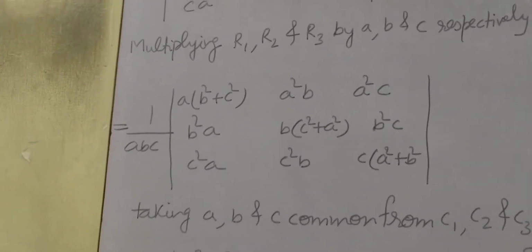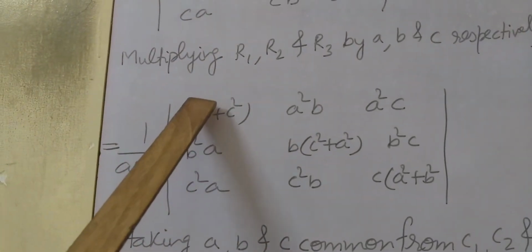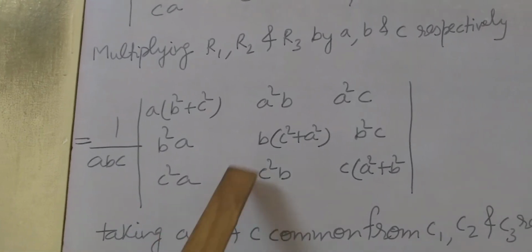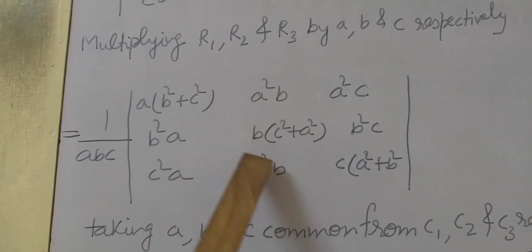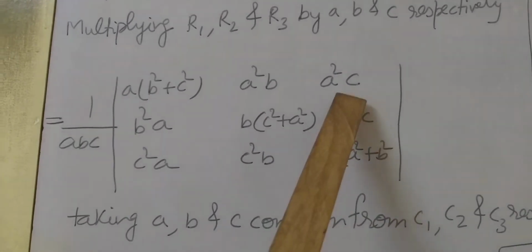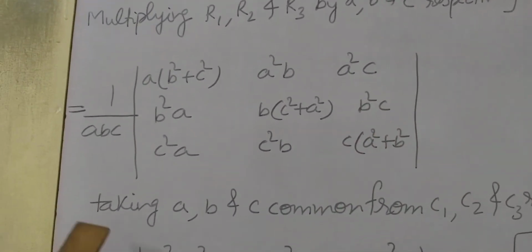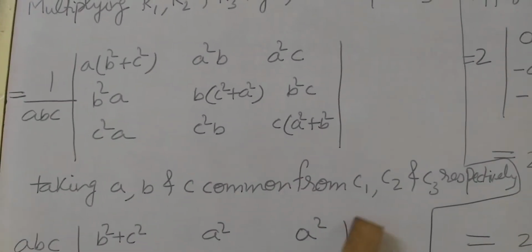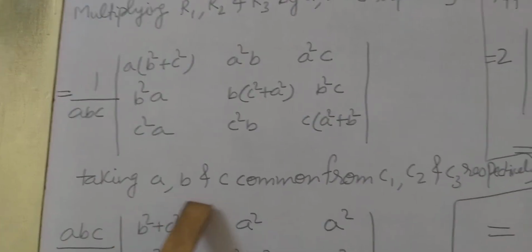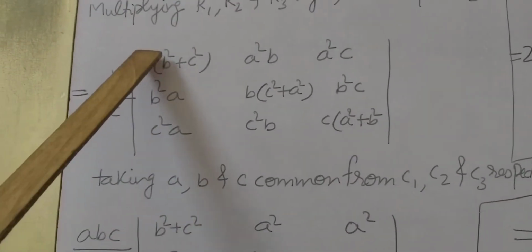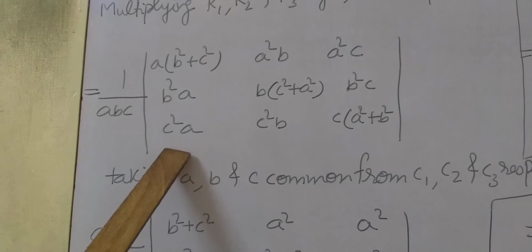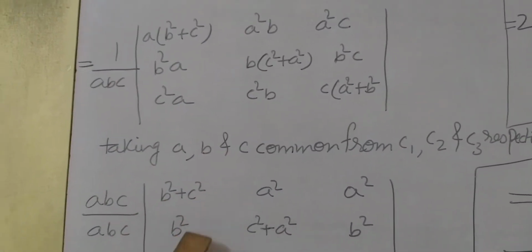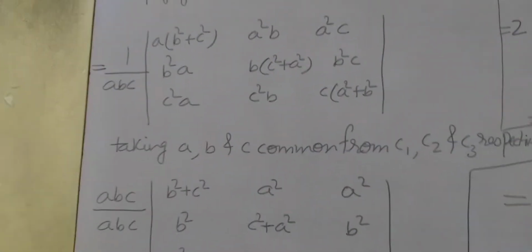Now students, you can see that in the first column A is common, in the second column B is common, in the third column C is common. So we can take A, B, C common from C1, C2, C3 respectively. A is common from C1, so what is left here? B square plus C square, B square, C square.